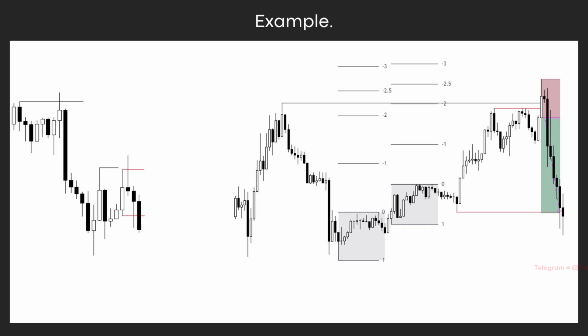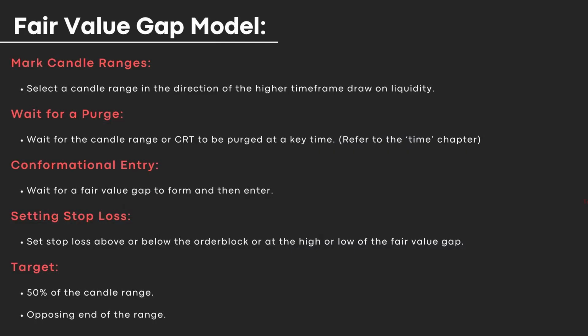Now let's move on and let's discuss the third type of entry model. Last but not least, we've got the fair value gap or the FVG model, which is the second type of confirmational entry model. It's basically the same as the order block entry model with just a small difference, which is that instead of an order block confirmation, you'll be looking for a fair value gap or an FVG confirmation, right?